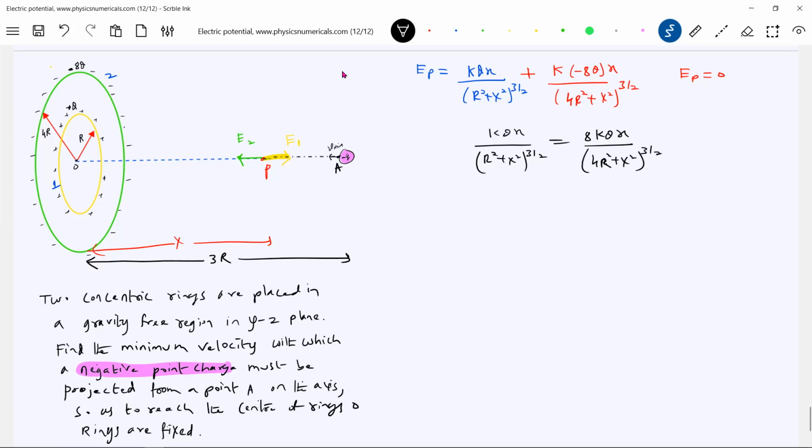So what will get eliminated? kqx will get eliminated. Solving this, I end up with x equal to 2r. The net field will be 0.